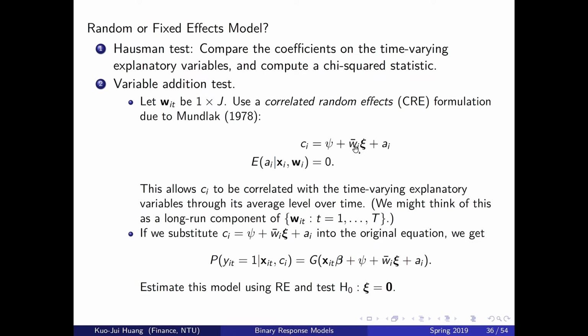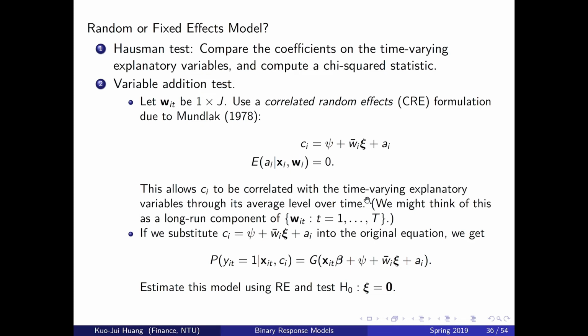Wi bar is the mean value of Wit, which can be regarded as a long-term component of unobservable effect Ci. This setting allows the Ci to be correlated with the time-varying explanatory variables through its average level over time.